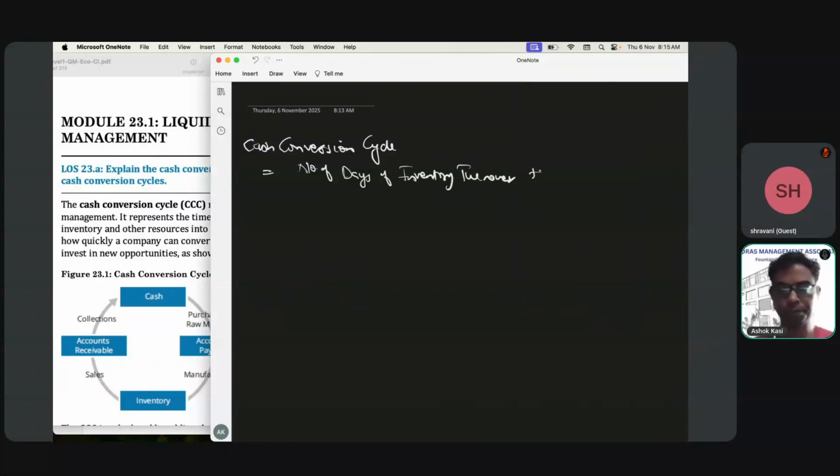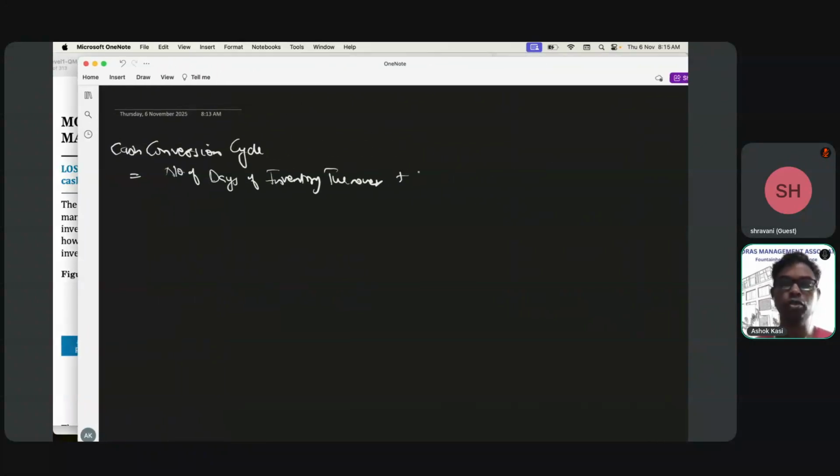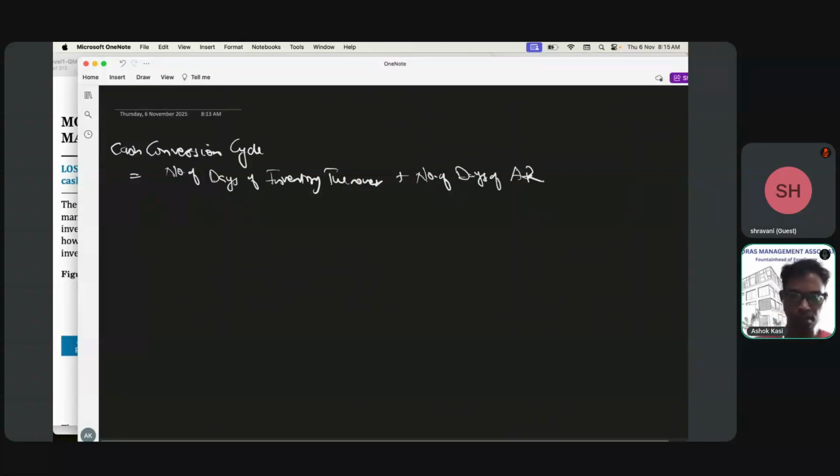Okay, then plus number of days of accounts receivable, because once you sell you are not going to get the payment immediately. Then minus number of days of accounts payable.